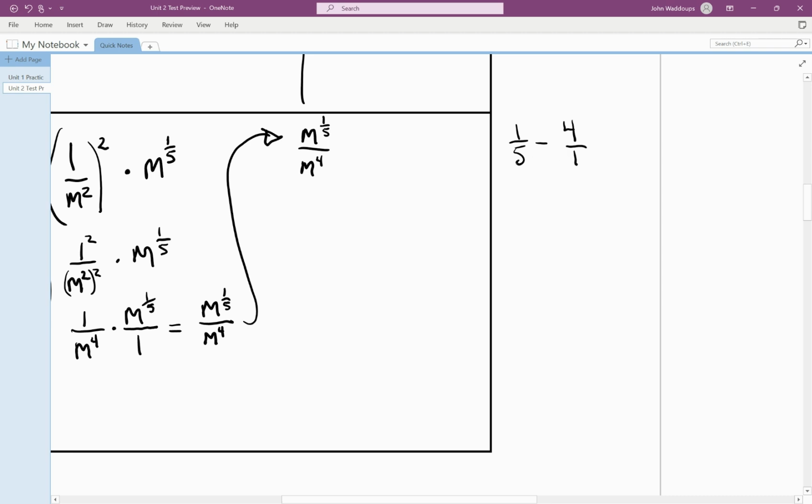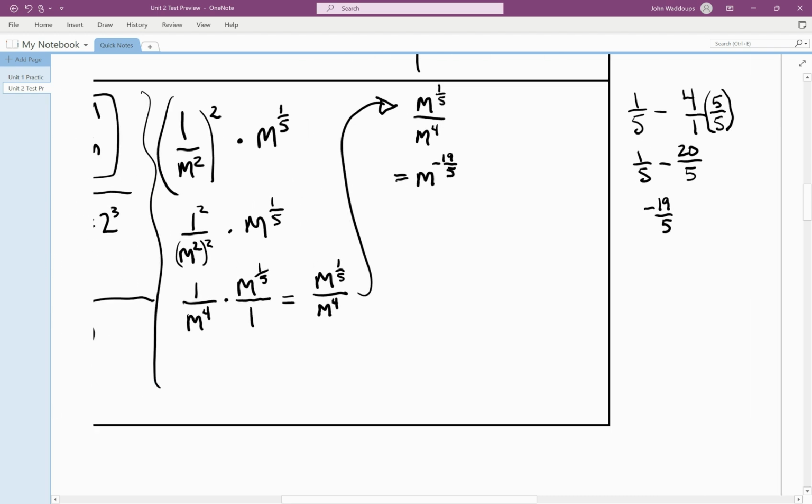The common denominator between 5 and 1 would be 5. So I'm going to multiply this by 5/5. 5/5 is 1, so I'm not changing its value, I'm just changing the way it looks. So I've got 1/5 minus 4 times 5 is 20, and 1 times 5 is 5. So I have 1/5 minus 20/5. Now that they have the same common denominator, I'm just subtracting: 1 minus 20 is negative 19/5. So this is equal to m to the negative 19 fifths.